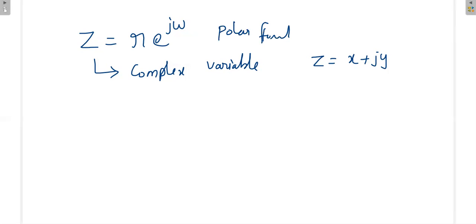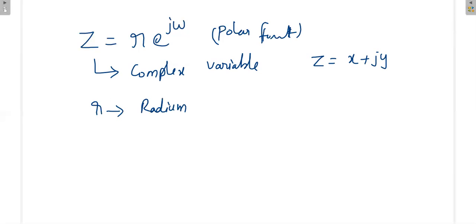Whenever it is in polar format, this r indicates the magnitude, generally the radius of the circle. This gives the phase value, the angle. So we know that a complex number can be denoted with the help of x plus jy format, or otherwise with the help of polar format. So now this r is denoting the radius.